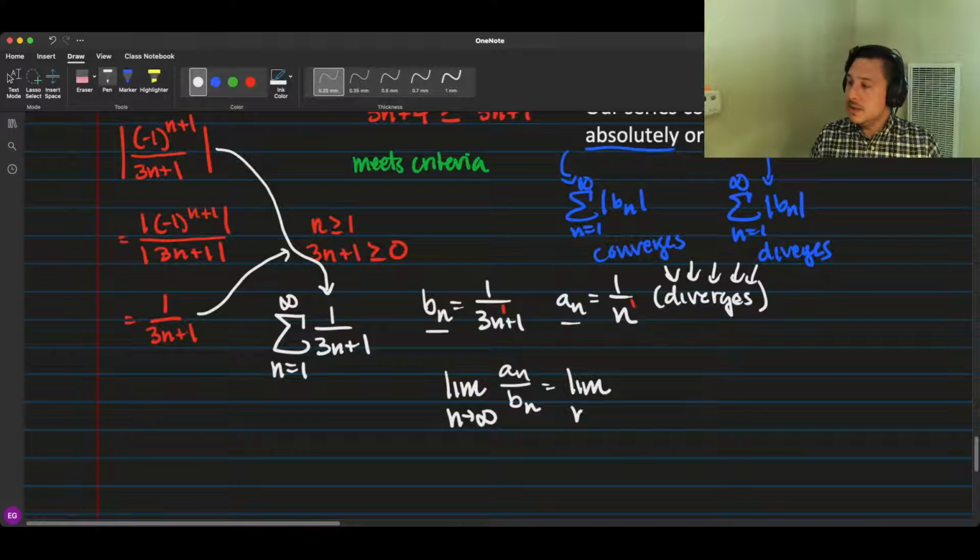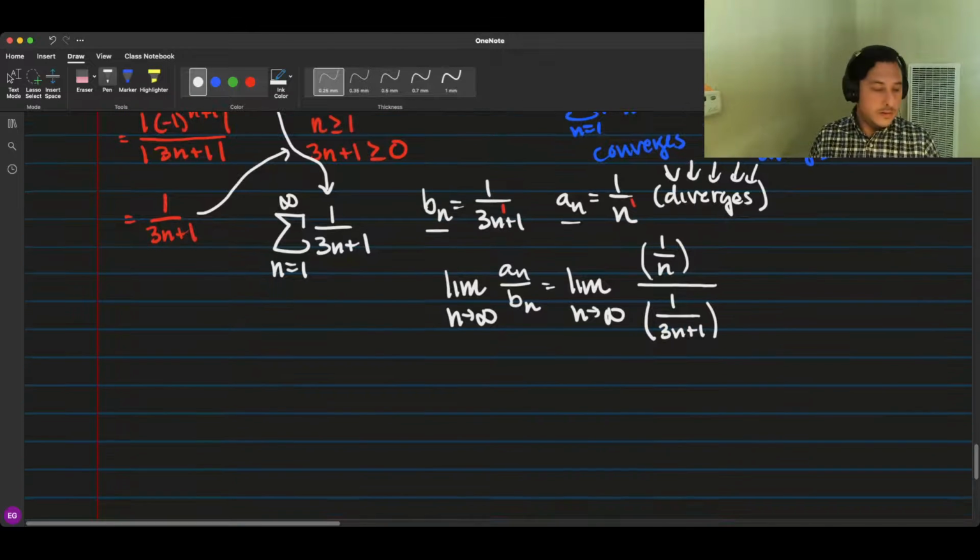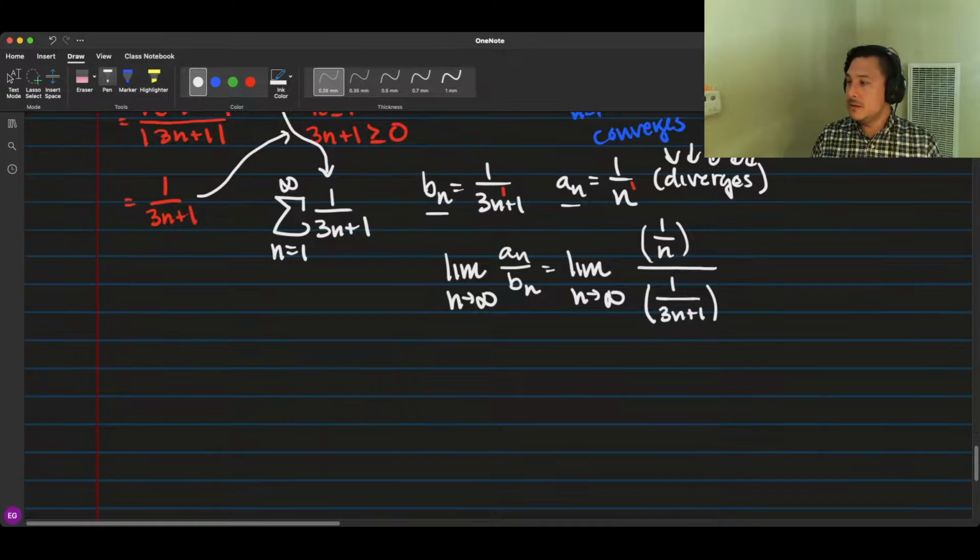So you're going to take the limit as n goes to infinity of our an, which is 1 over n, over our bn, which is 1 over 3n plus 1.